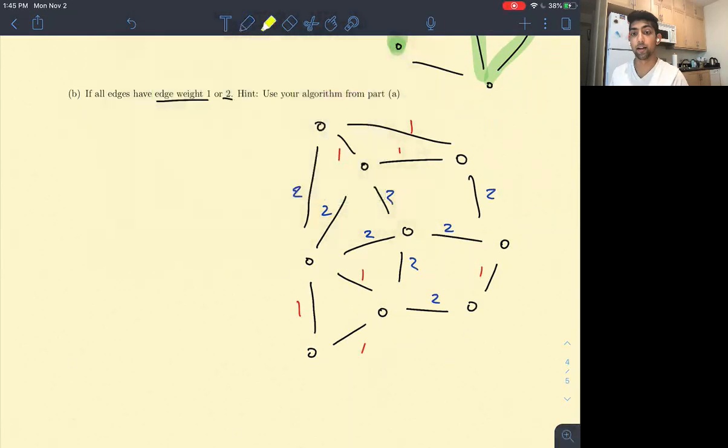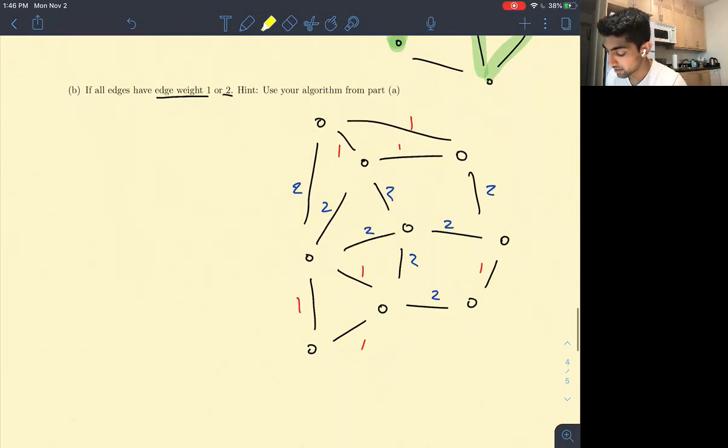So this is a tough problem, and the way I like to approach these tough problems is just by asking how would I solve this, just looking at the graph, if somebody told me, solve this problem, don't use a computer, okay? What I'd probably do is I'd say, let me first add all of the edges of weight 1, because those are prioritized over edges of weight 2 in a potential MST, okay?